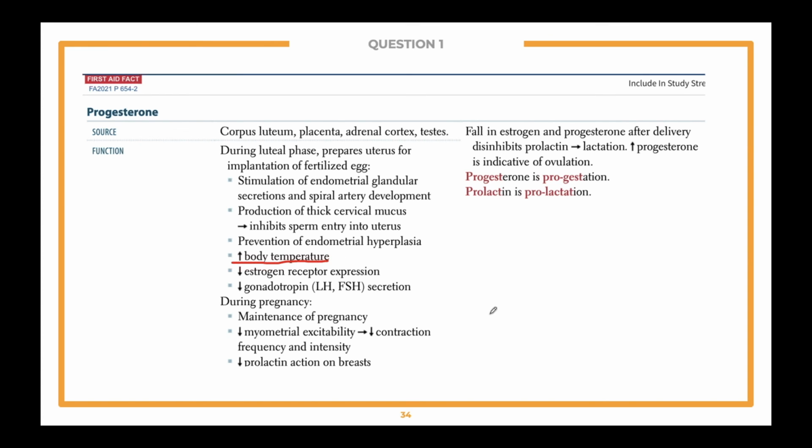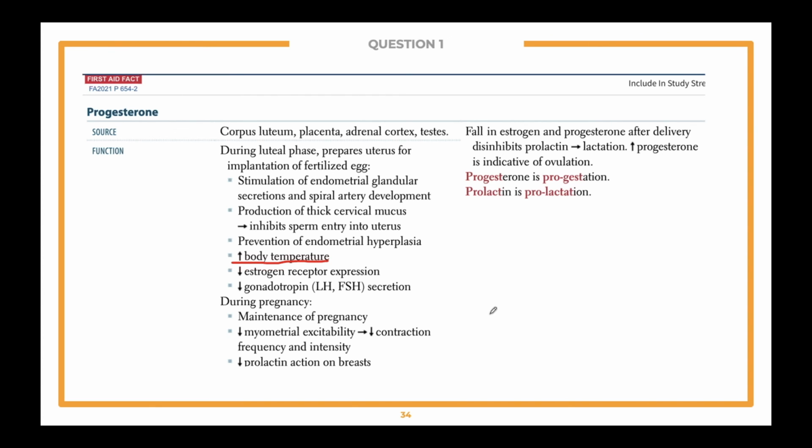The hormone progesterone acts on the hypothalamus and specifically the thermoregulatory center that can change a woman's basal body temperature, so their resting body temperature, throughout the menstrual cycle. And the basal body temperature is usually higher during the luteal phase, sometimes up to 1 degree Fahrenheit. So potentially a woman can estimate when ovulation has occurred if they were to check their temperature daily. So that is because of progesterone.